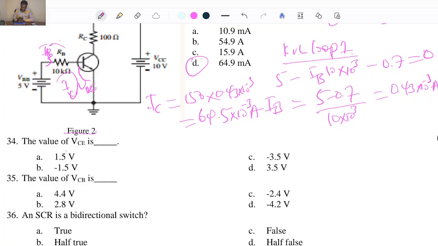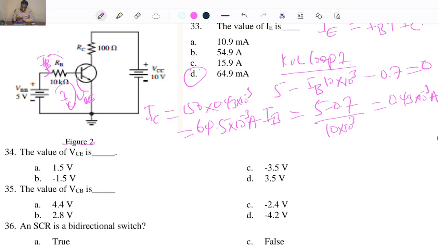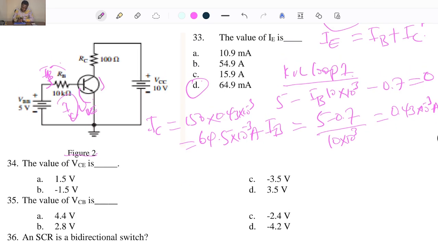The value of VCE. When it comes to VCE, again, VCE is here. This is our VCE. To get the VCE, we are going to apply Kirchhoff voltage law to this loop. We can call this loop 2.